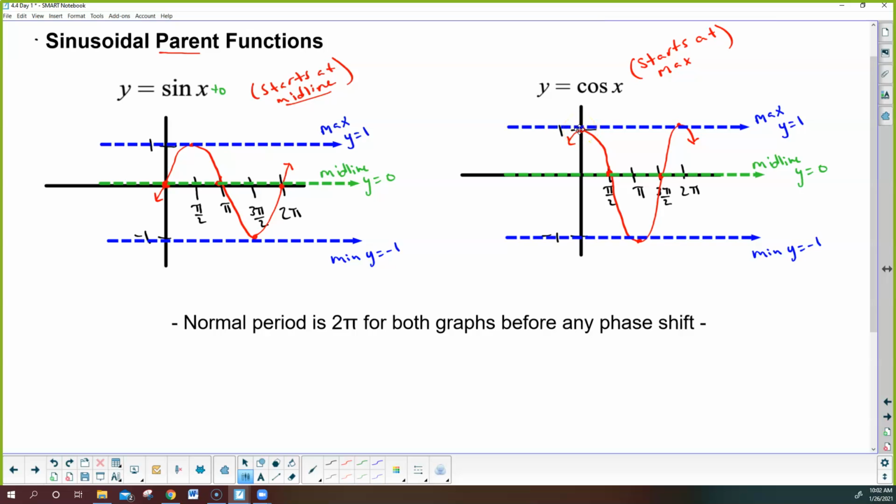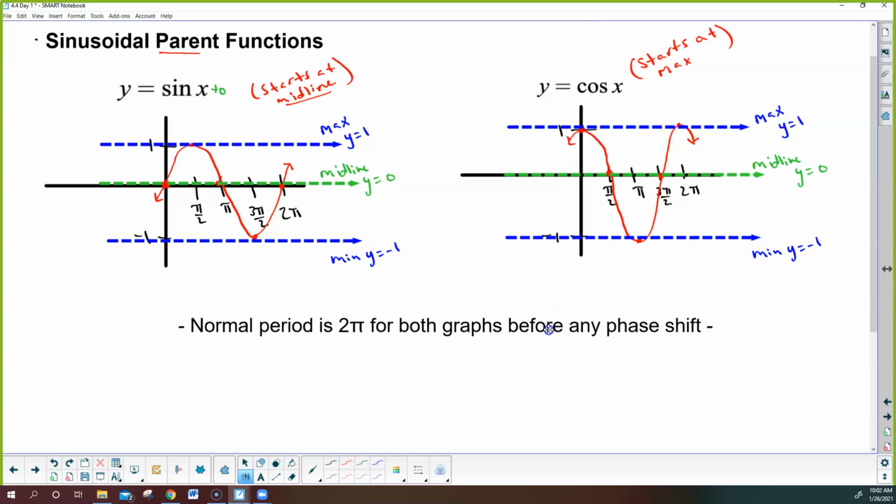So how long does it take before I get back to the maximum? Well, I got to go midline, minimum, midline, maximum. And it took x equals 2 pi to get there. So if we don't have any shifts left or right or any compressions, that's a b value, that means that the normal period is 2 pi.